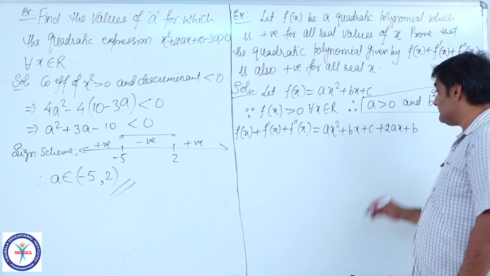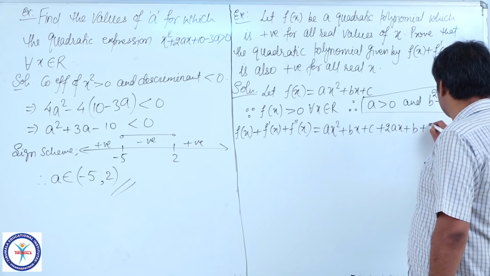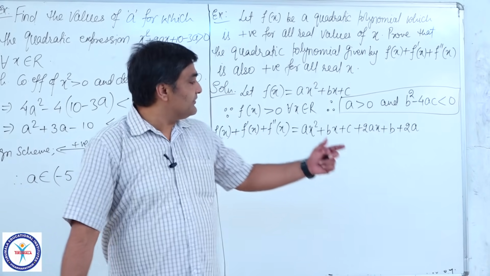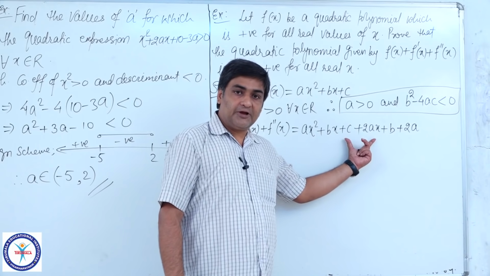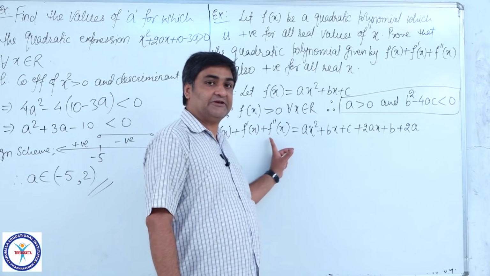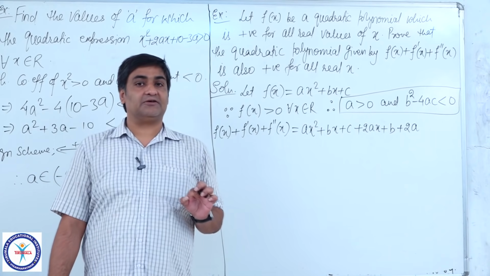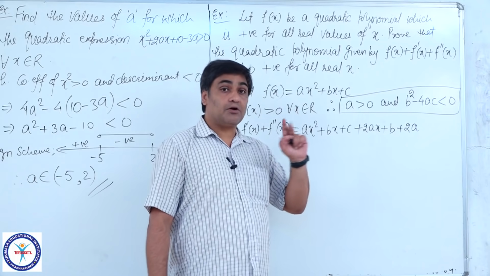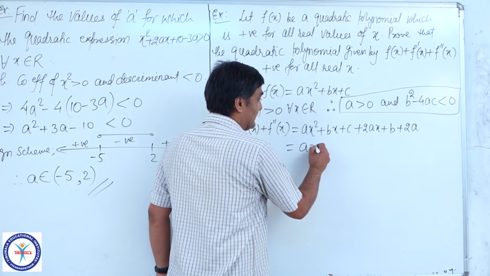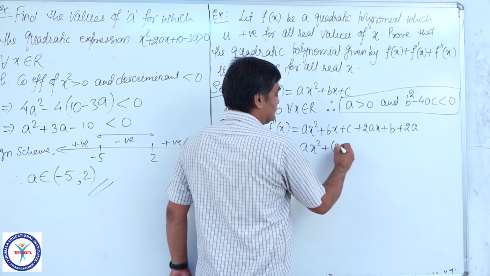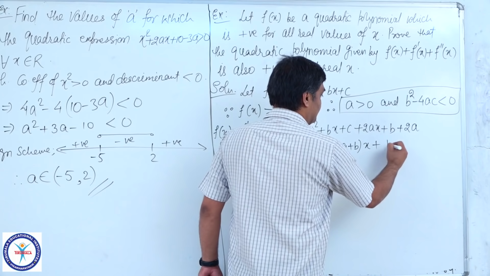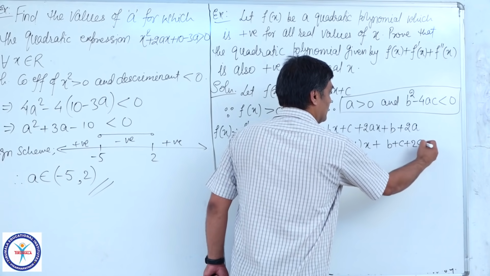Second order derivative, 2a. So, f of x plus f dash x plus f double dash x is also a quadratic polynomial. We can write it as ax square plus (2a plus b)x plus (b plus c plus 2a).